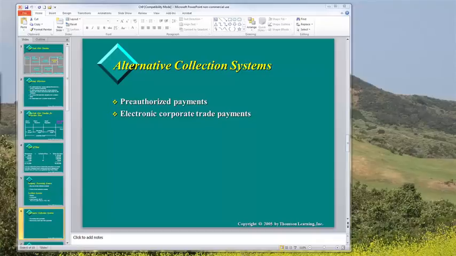Moving on, we have a couple of other alternatives: pre-authorized payments and electronic corporate trade payments. Most of us are pretty familiar with these pre-authorized payments in the States. Many companies want us to do that, where they can just debit our checking account when they're ready, because they already have authority from us. For instance, a lot of people pay their electric bill or their cable bill or their water bill automatically.